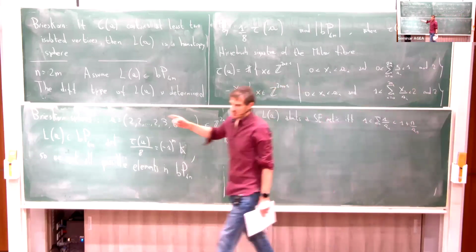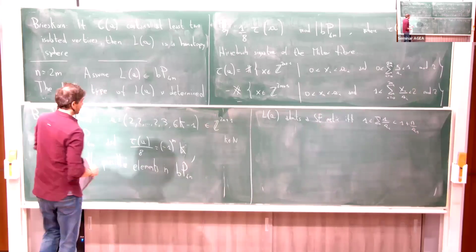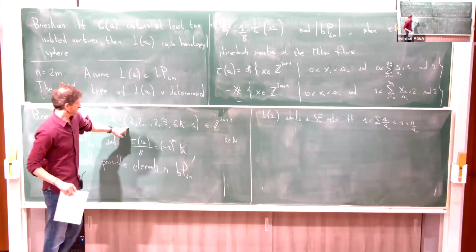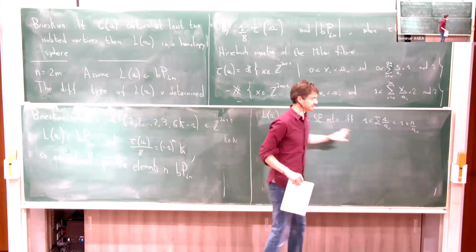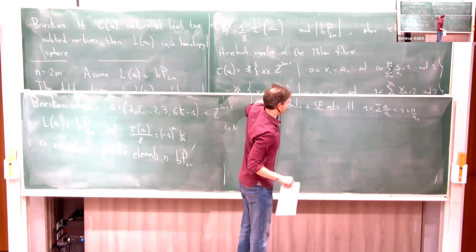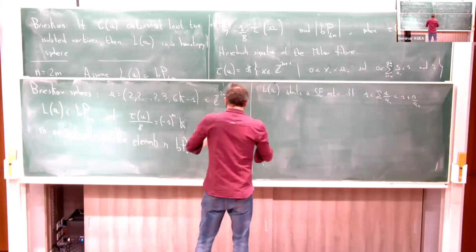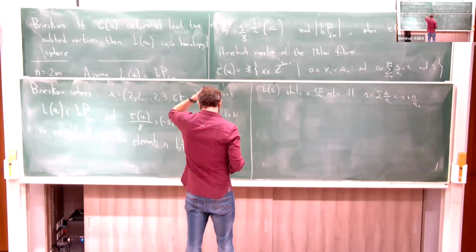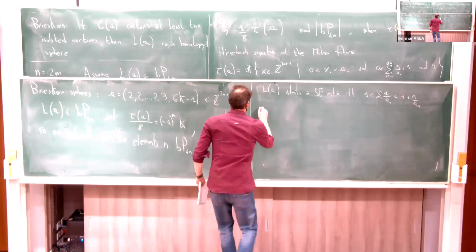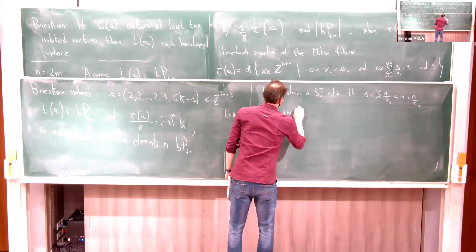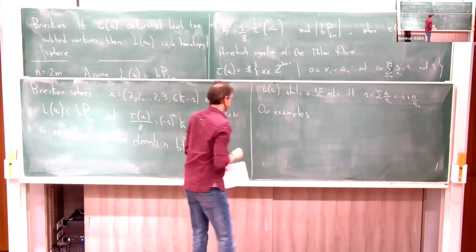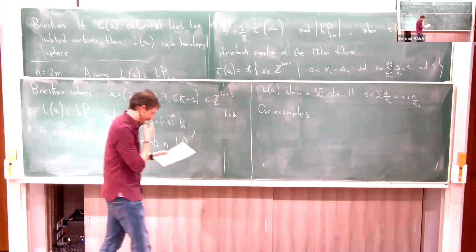So if you use this sphere, this doesn't hold, right? There are too many 2's. This sum is going to be too big. But you can correct it. So let me finally write down the examples.